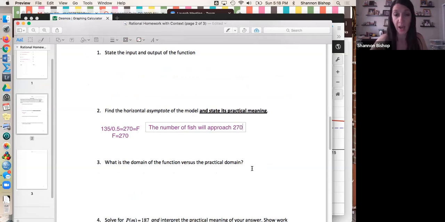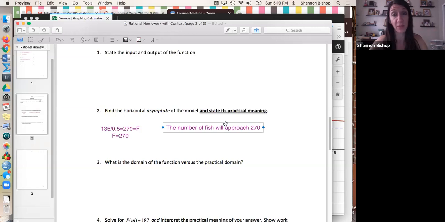but it will approach 270. And the other thing to keep in mind is, remember that horizontal asymptotes are the end behavior, meaning this isn't going to happen for a long time. You're not going to see 270 fish in this fish tank in the first month or the second month or even the third month or the 10th month. It's going to take many months for this number to ever be visible.